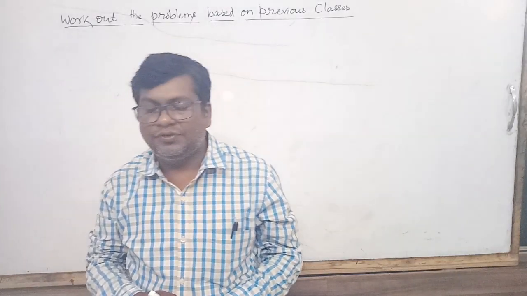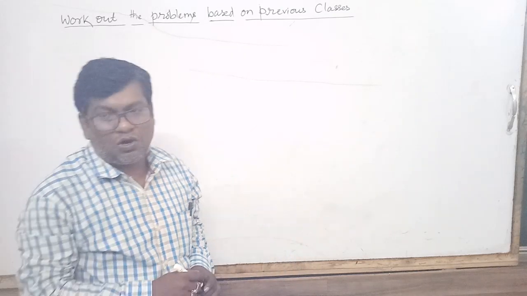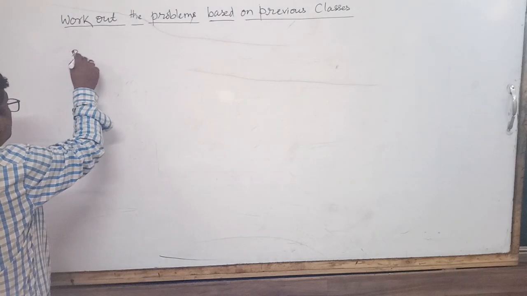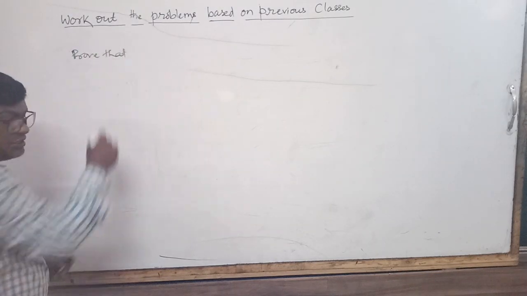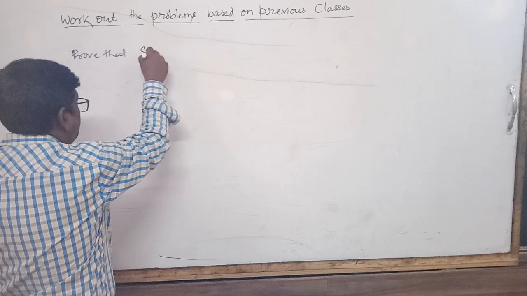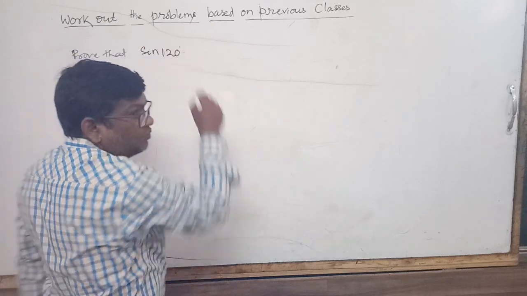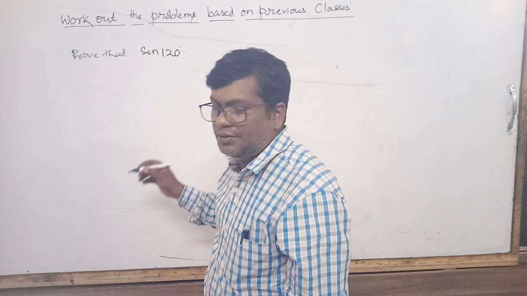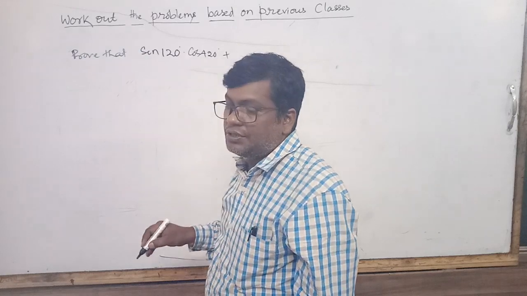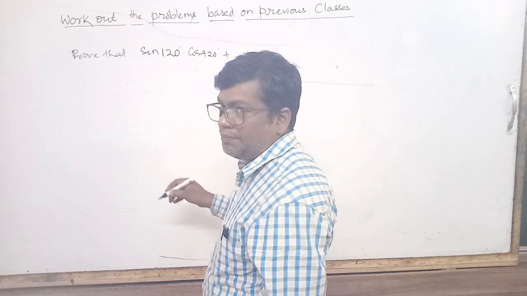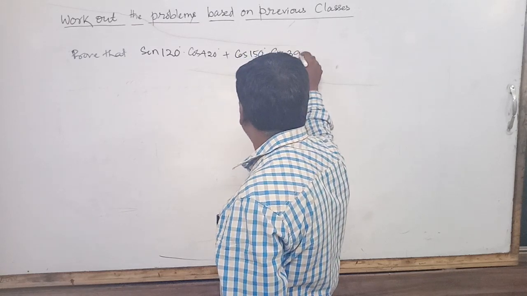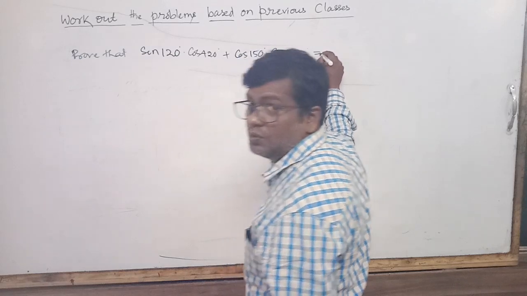Prove that sin 120 degree into cos 420 degree plus cos 150 degree into sin 390 degree is equal to 0.